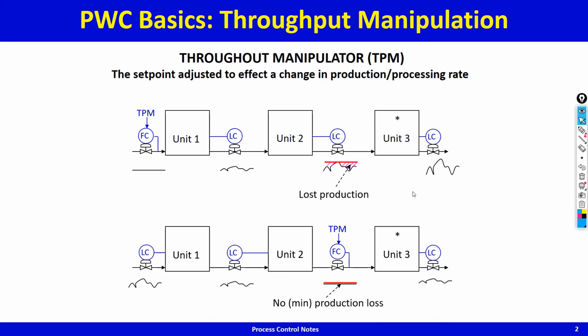What you can then choose is, if you know that unit 3 is the bottleneck, you can choose to hold the flow to unit 3 constant. You can choose to locate your throughput manipulator at the bottleneck, and now the calmest place in the unit would be the flow into unit 3, and now you can set the set point at the red limit, and therefore there is no lost production.